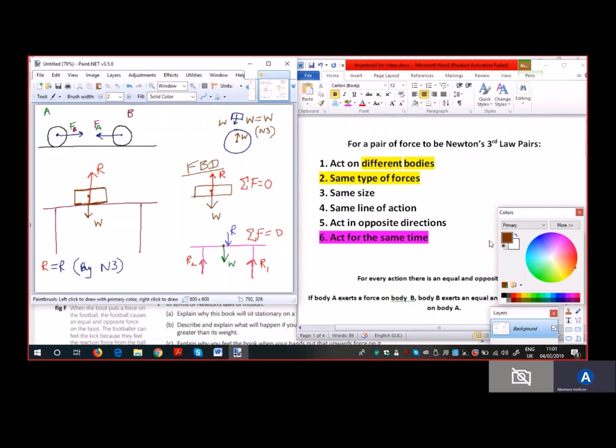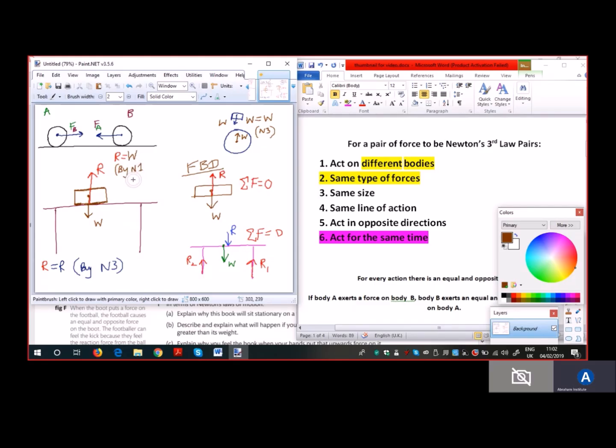This is R. For this one we can write R equals W by Newton's first law.